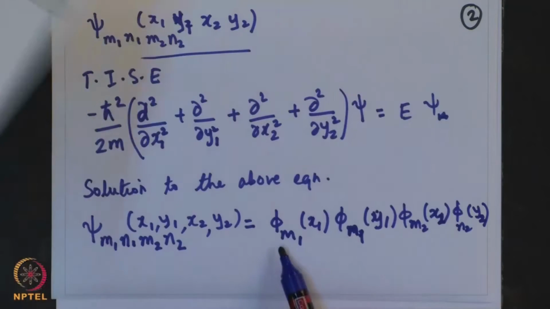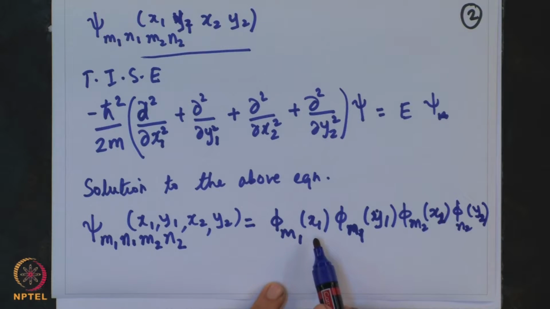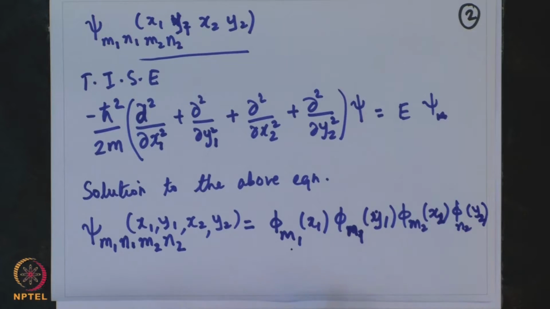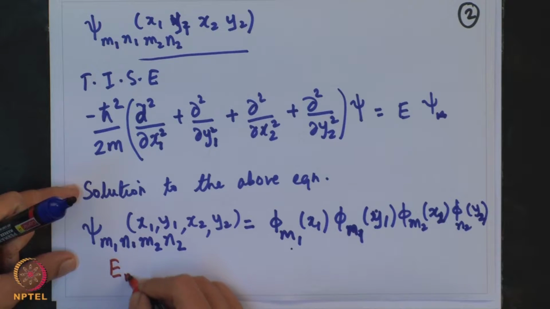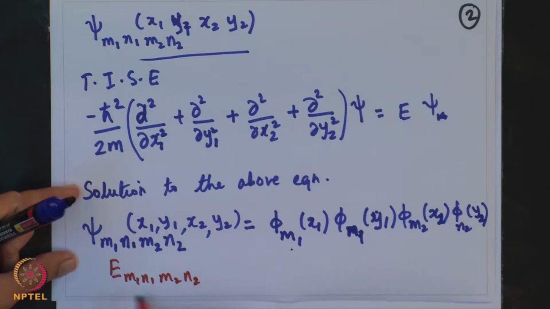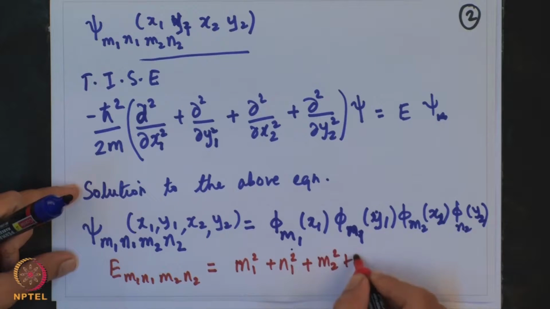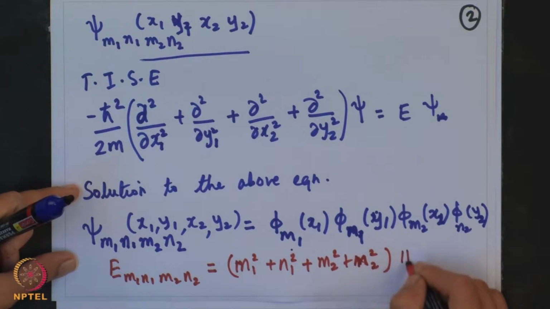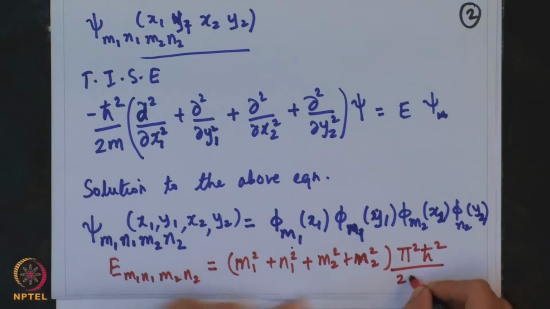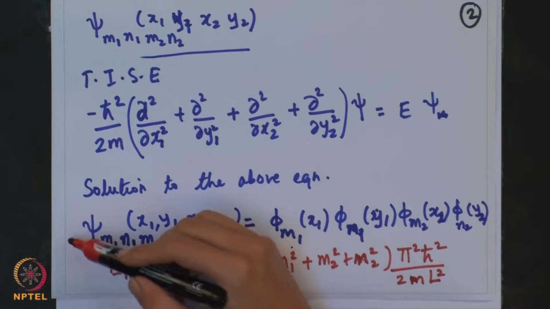For the first one, phi m1 x1, the wave function would be square root of 2 by L sin m1 pi x1 by L, and similarly the others would go. And the energy E m1 n1 m2 n2, I denote it by this subscript, will be equal to m1 square plus n1 square plus m2 square plus n2 square times pi square h cross square upon 2 m L square. So, this is the energy of the composite system which has this wave function.